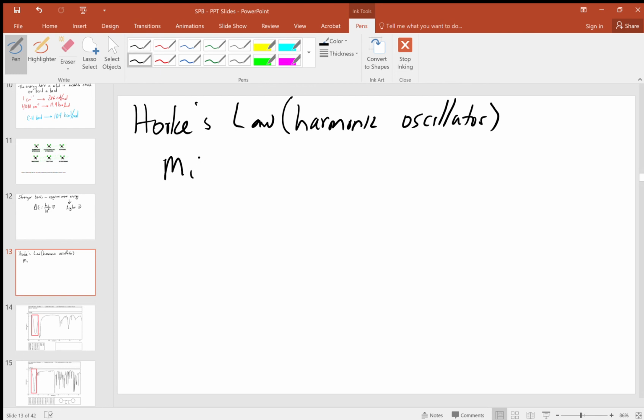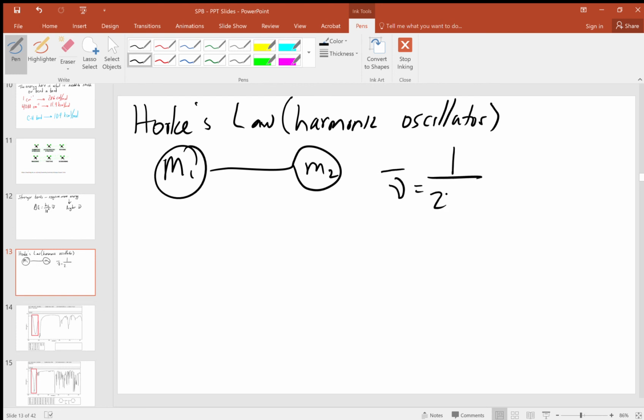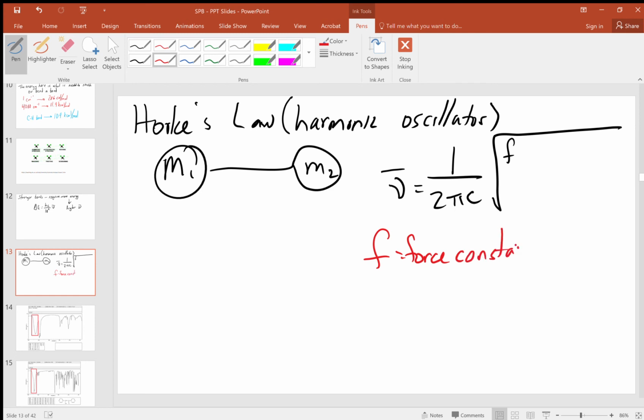So if we think of our two masses as point masses that are connected, it can be shown that the wave numbers are equal to 1 over 2 pi c times the square root of F. F is a force constant, and is, for our purposes here, really just a measure of how strong the bond is.